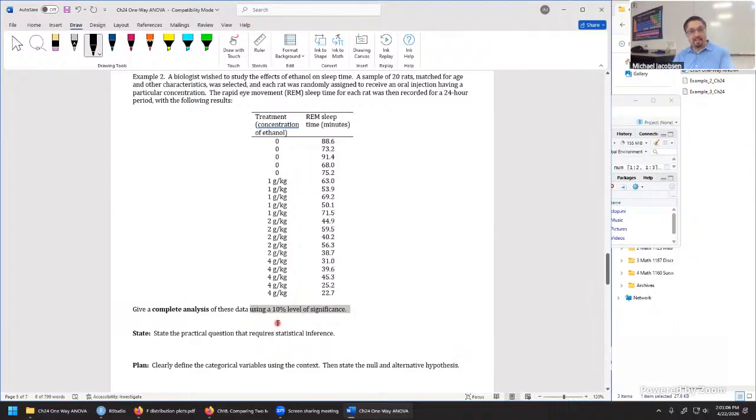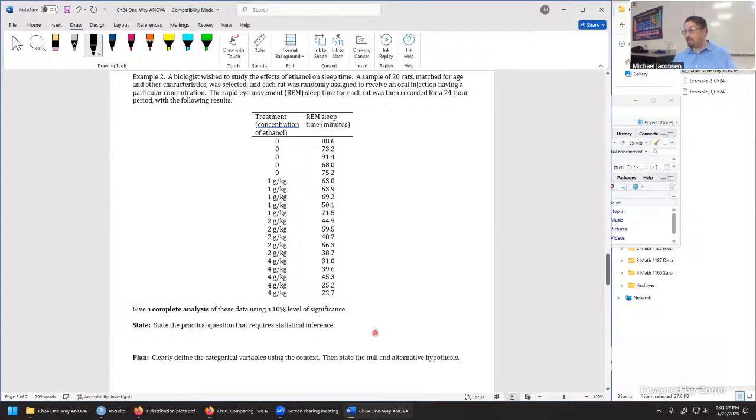10% is kind of unusual, but I thought I'd throw one out there just to convey it's like a 90% confidence interval, kind of on the low end, here kind of on the high end for significance, but nothing inherently wrong about it. We'll give a complete analysis on this, and the first thing we have to answer is, what is the practical question? There is no question mark here, but this context implies a question.